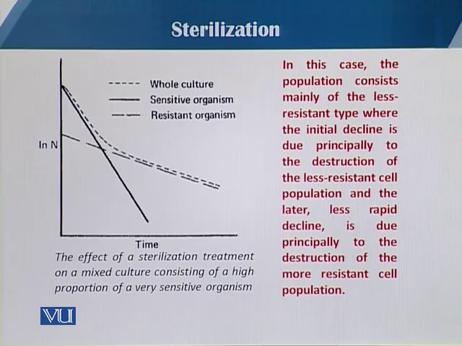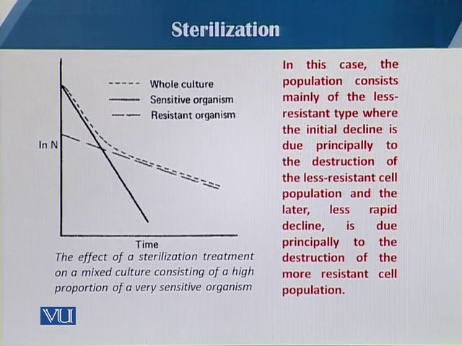If there is a whole culture that contains sensitive organisms and some resistant organisms, in this graph you can easily see there are three different lines. One is a dotted line, another is a solid line, and the third shows the resistant organism.